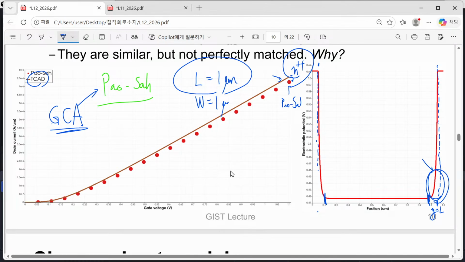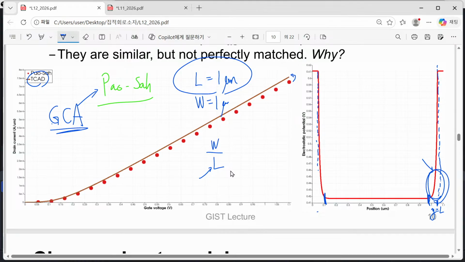So your actual L value is a little bit shorter than your drawn length of 1 micrometer. That's the reason why, when we evaluate W over L, the actual value used for L is not exactly 1 micrometer, but the net length. So that's the reason why here we have a slight increase of our current.